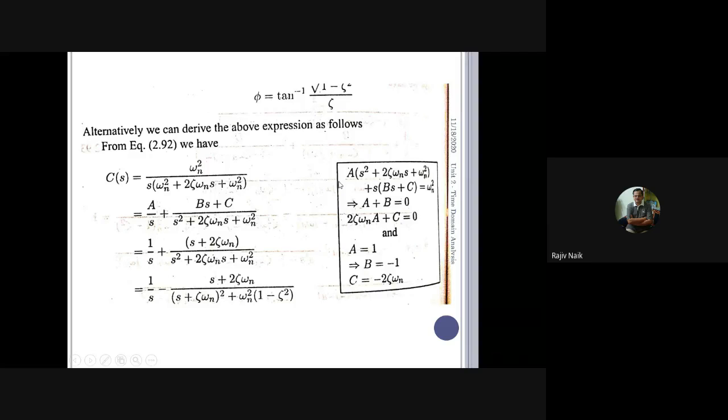Here it is simplified as this much, and it is written like this. This is another way of doing, instead of doing the partial fractions, this is another method. You go through that. Finally, you will get the same answer.